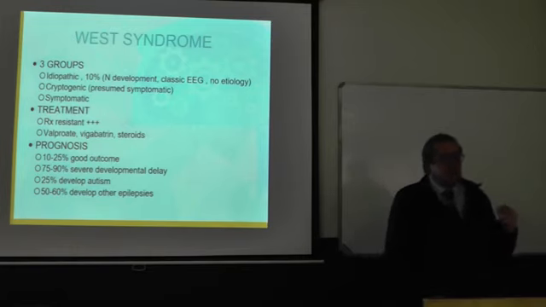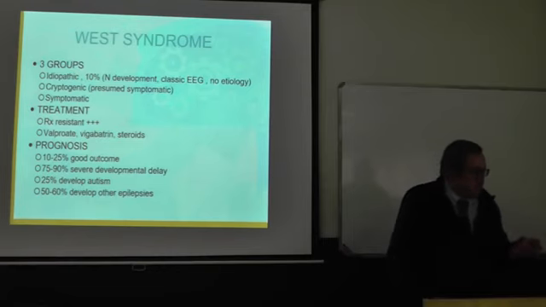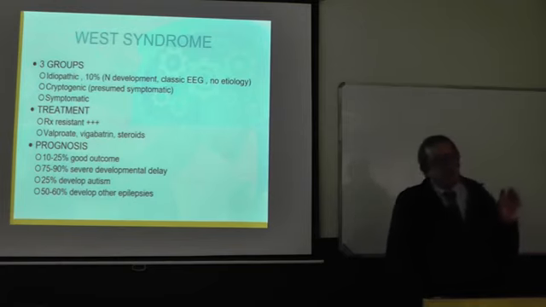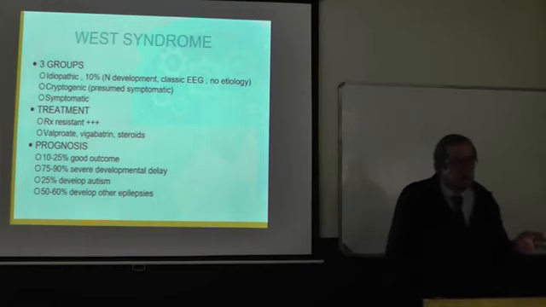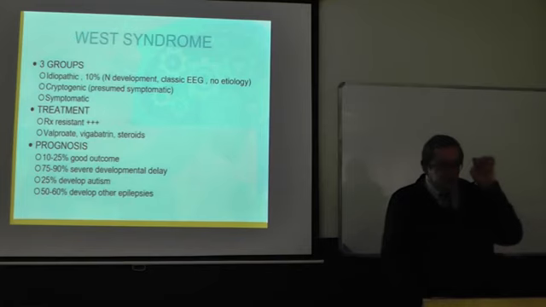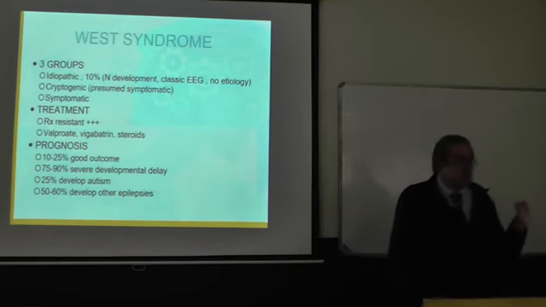If it's not improving, we will add a treatment, specifically vigabatrin or valproate. One just needs to remember that one side effect of vigabatrin that we are very wary of is that it may cause constriction of the visual fields. So it may be difficult in a child with developmental delay to accurately assess that.